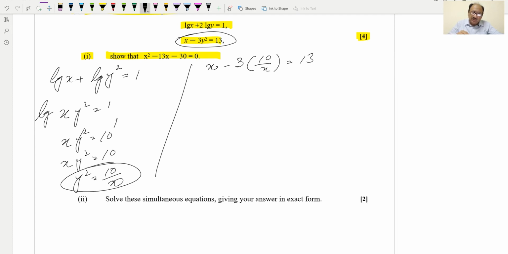Now we can multiply everything by x, so it will be x square minus 30 is equal to 13x, and we can shift 13x to the other side, so it will be x square minus 13x minus 30 is equal to 0, which is the required equation which we have done.